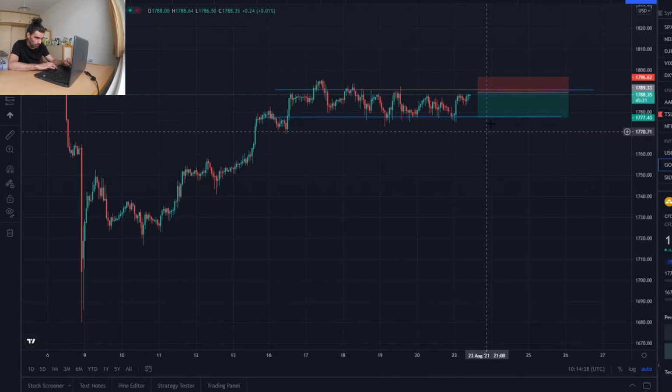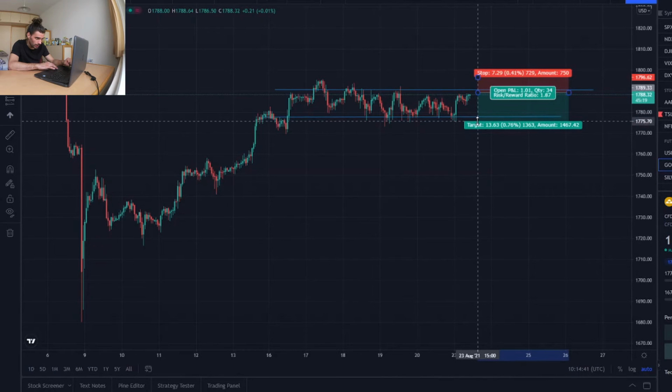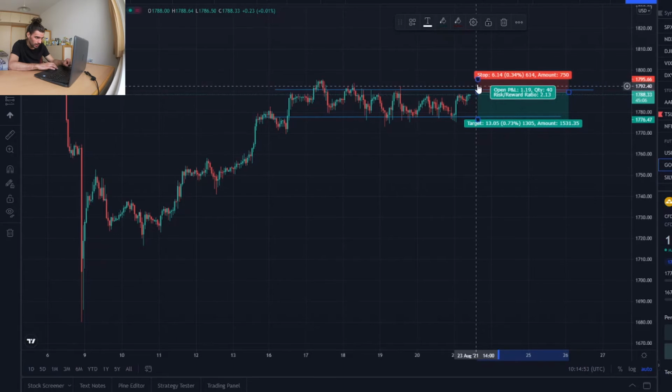I mean, the risk reward wouldn't be that great, depends where your exit is and where your entry is. If you adjust the stop loss a little bit or your entry, you could have a risk reward of 3 to 2, depending if you enter right now.